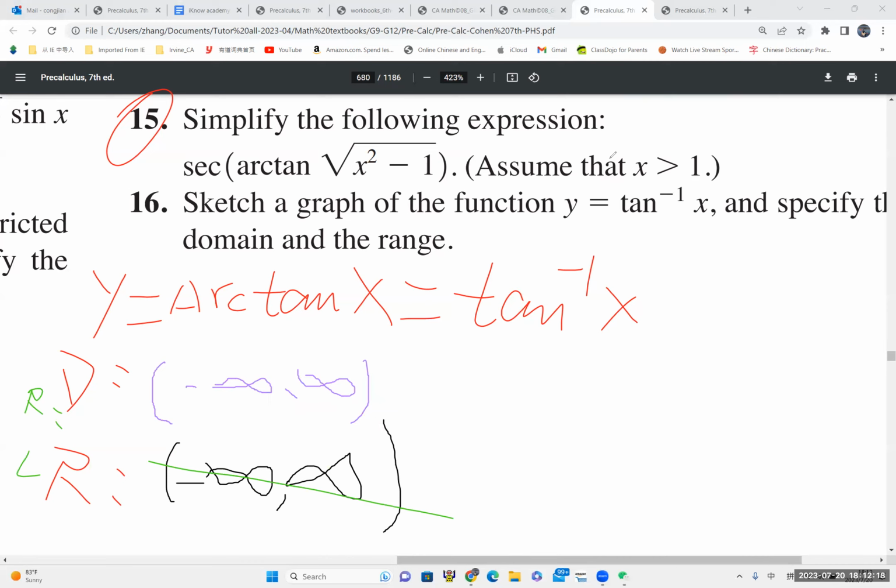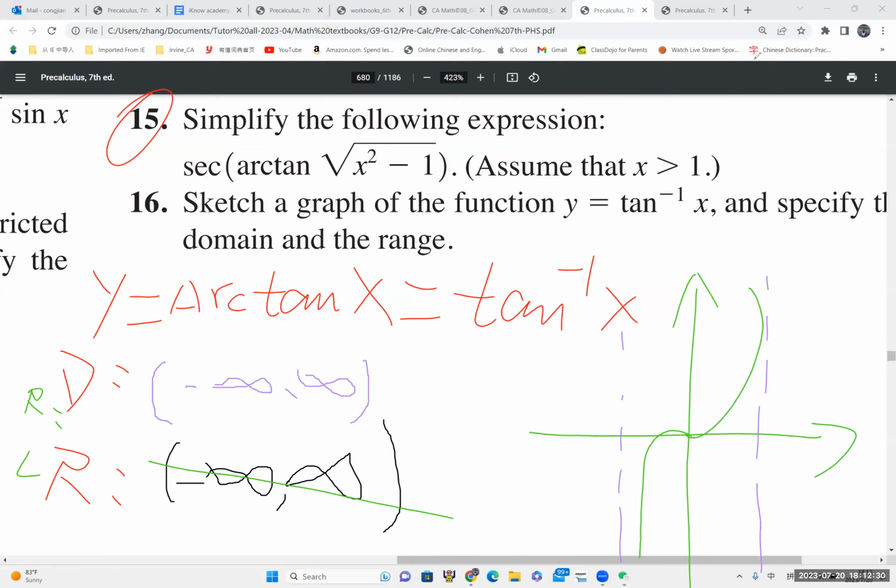Let's talk about it. For tangent, it's like this. The asymptotes are at negative half pi and half pi. And of course it's periodic, so after each pi you get the same thing.